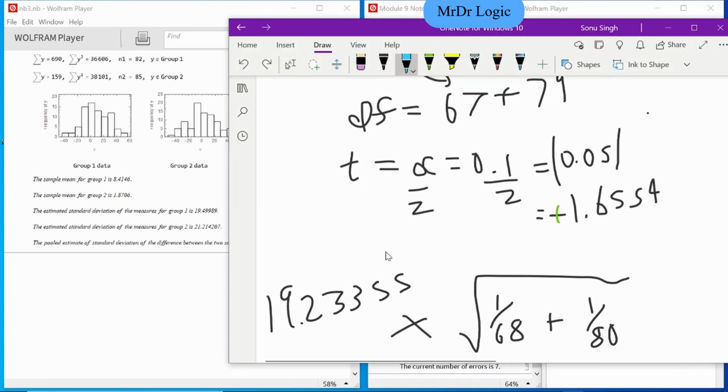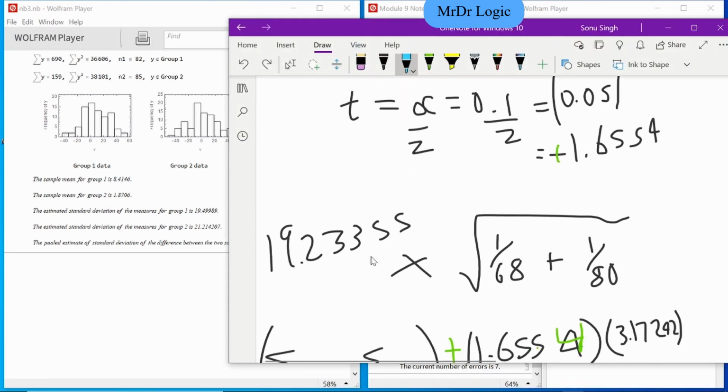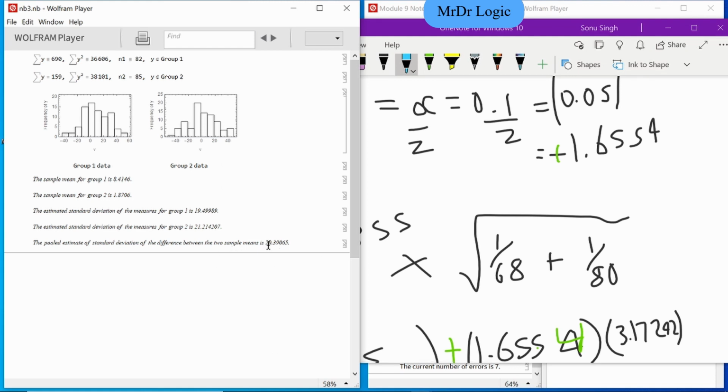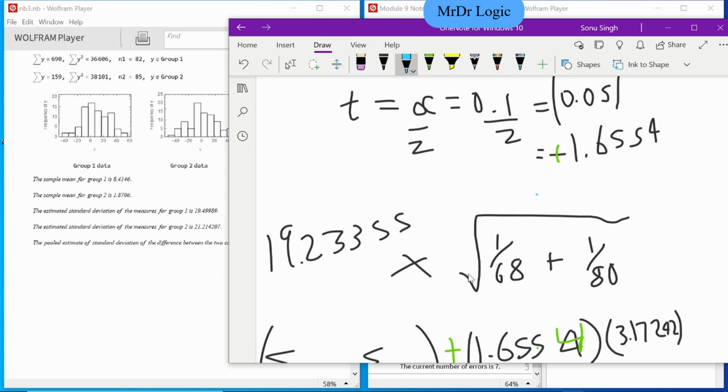Okay, so now what we've got to do is take this number, which is essentially this last number you calculated, and multiply it by the square root of 1 over n1 plus 1 over n2.